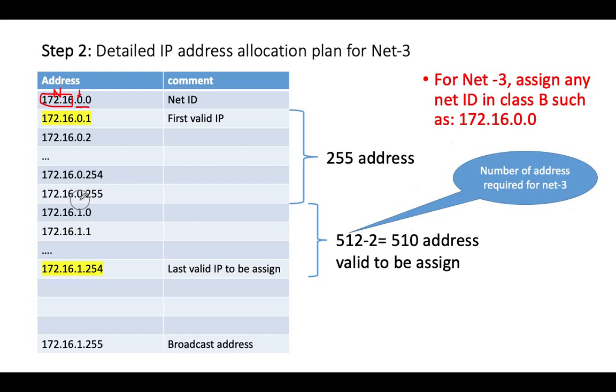So I finish here at 0. What to do exactly? Move to the 1, as you can see here. Since I finished over here all the bits allocated by 1 byte, which is this one, I'm gonna move to 1.0, 1.1, 1.3, 1.4, 1.5, 1.6 until I reach 254, and then the broadcast 1.255.